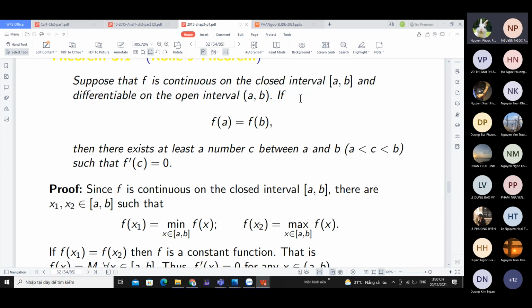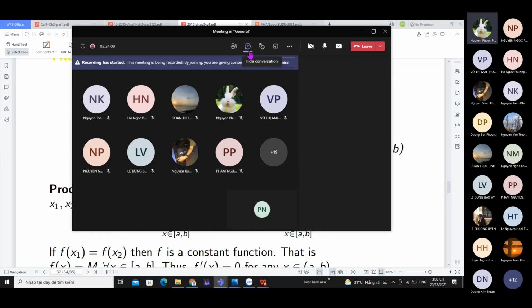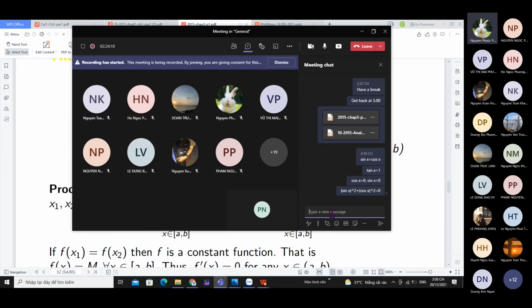Then this function is just a constant function, right? Yes, a constant function. Because why? Now I explain.